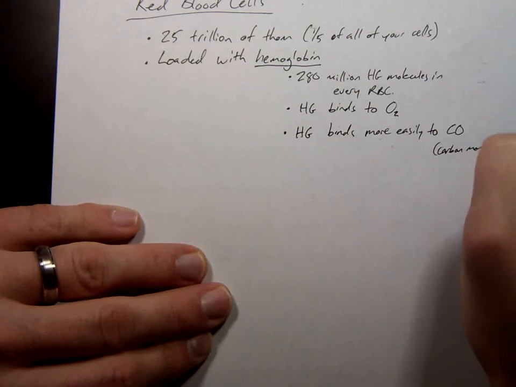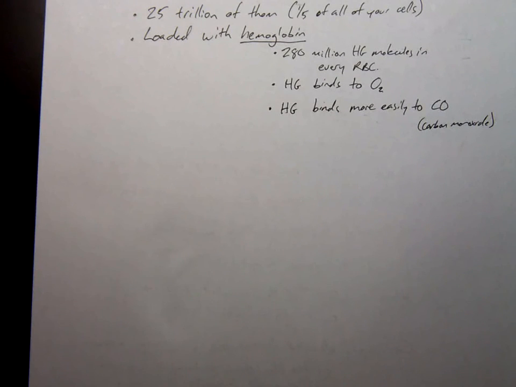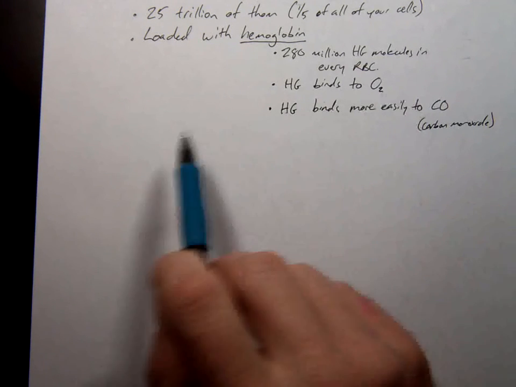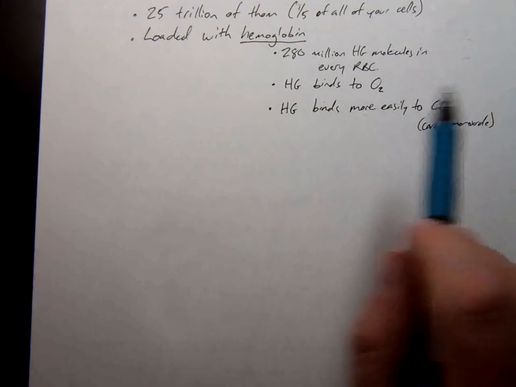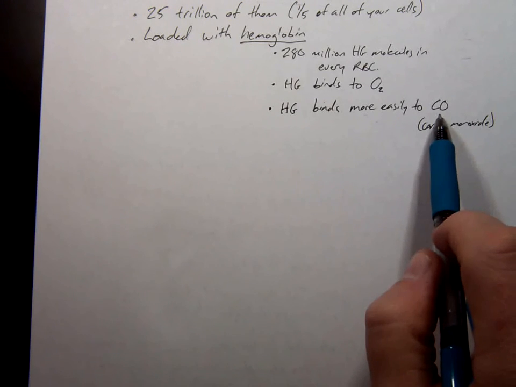And it doesn't let go. Once carbon monoxide binds, it has a hard time releasing from that. Whereas oxygen binds to and releases from and binds to and releases from with great ease, which is great. But once carbon monoxide binds, it doesn't release as easily.